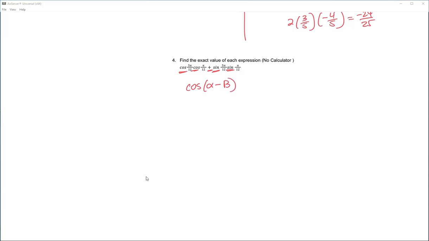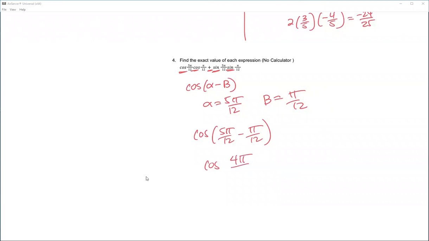And so A is equal to 5 pi over 12, and B is equal to pi over 12. So if you subtract them, cosine of 5 pi over 12 minus pi over 12, this equals cosine 4 pi over 12, which is equal to the cosine of pi over 3. And the cosine of pi over 3, if you look on the unit circle, is 1 over 2, and that is your final answer.